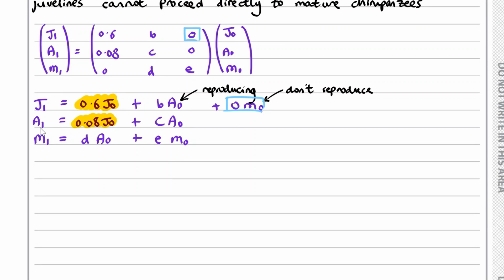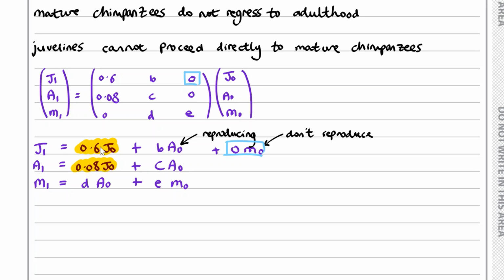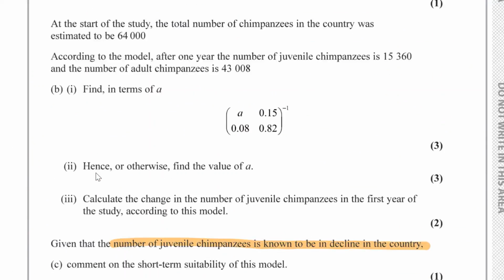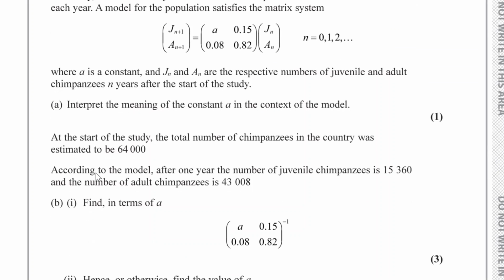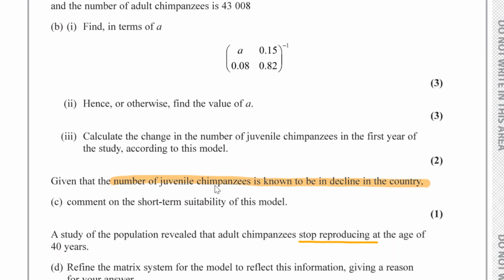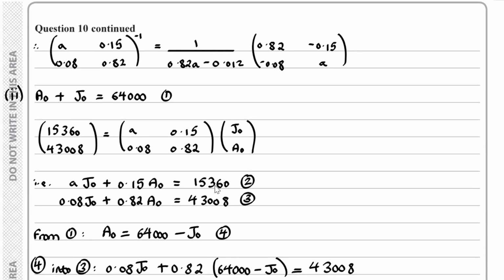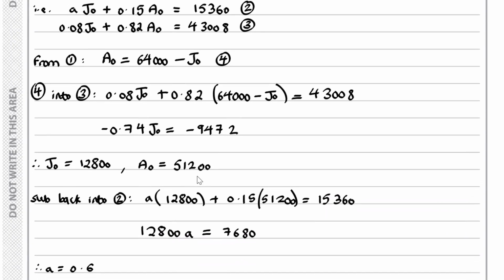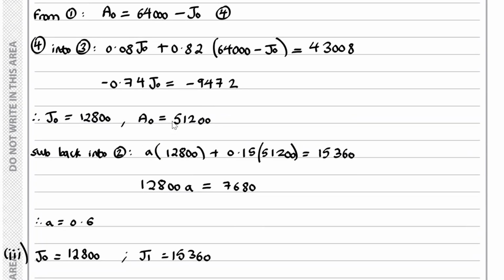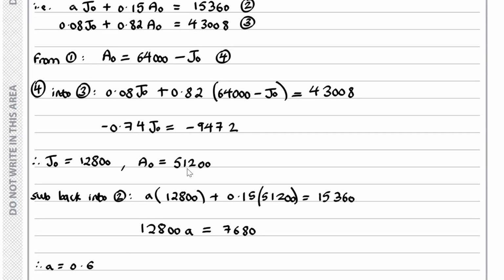And then in terms of adults in the first year, well, this is quite interesting. We know from the question that if you take a look at the initial number of adults, that was 51200, and then in the first year that number's decreasing to 43008.